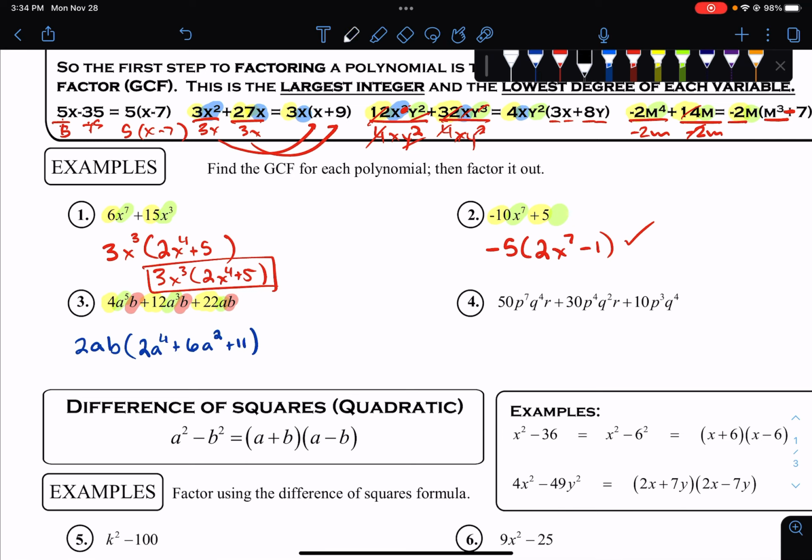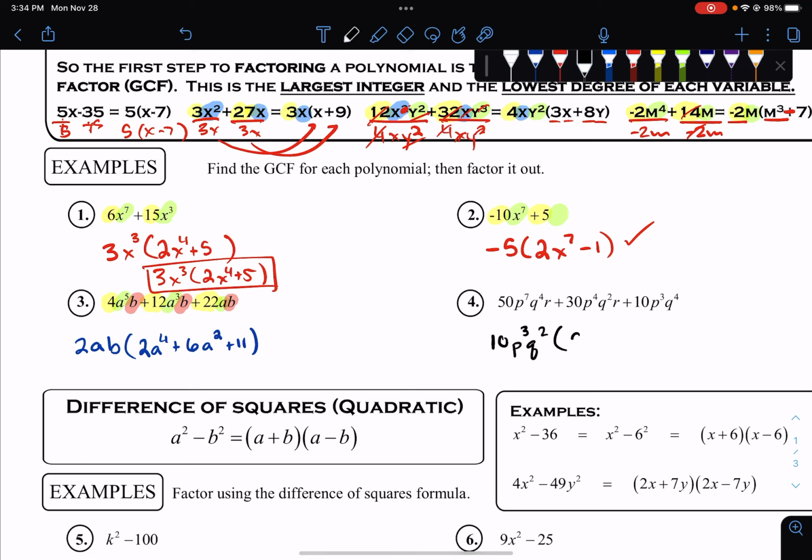Okay, so I am going to take 10 out of this, and I'm also going to take p to the third, and I'm also going to take q squared, and I'm also going to take no r's because my last term over here doesn't have any r's, so I can't take out an r.